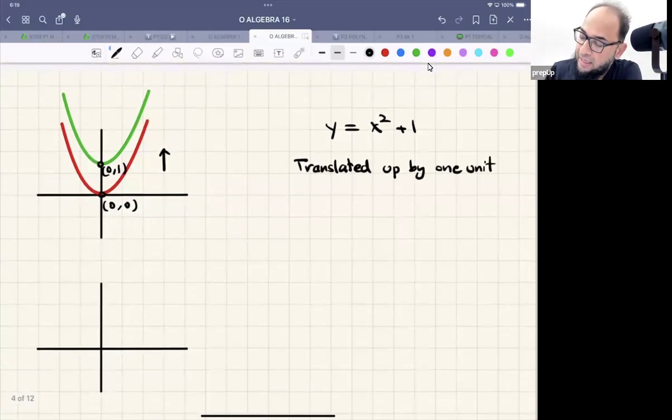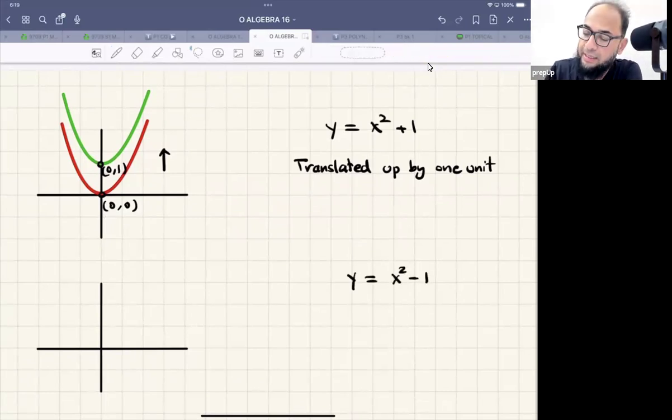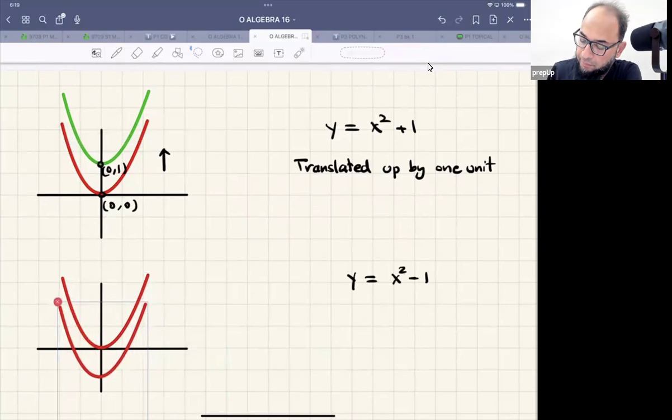Similarly, if I draw the graph y is equal to x square minus 1. So again, let me copy this red graph. Let me paste it over here. And now I want to draw minus 1, so something like this. It's not drawn to scale.